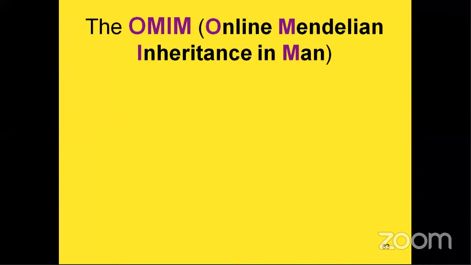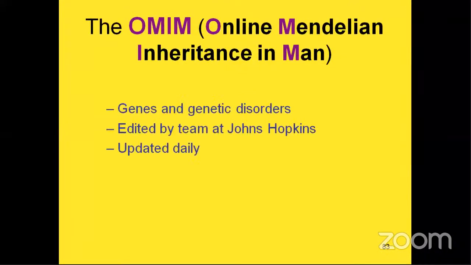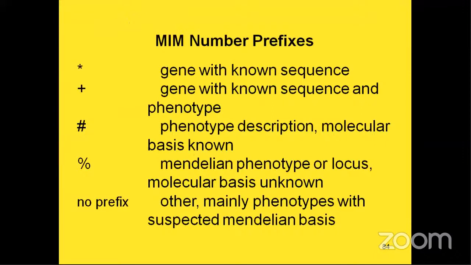So now next comes OMIM, Online Mendelian Inheritance in Man. Let me show you. OMIM has certain categories. For example, the result with a positive sign gives you the gene with known sequence. Hash means a phenotype description, and so on.